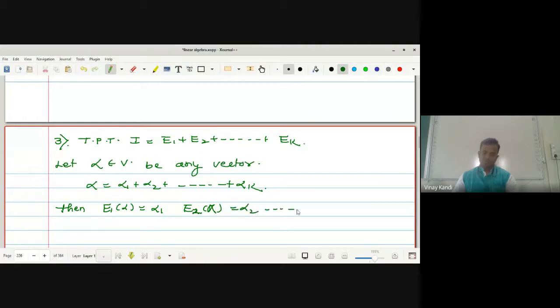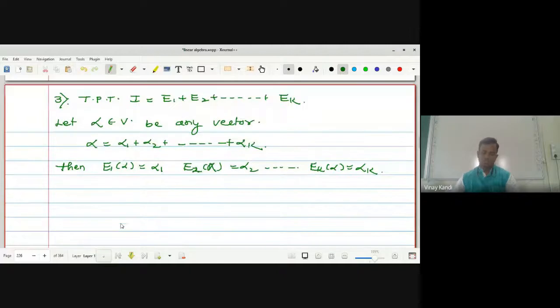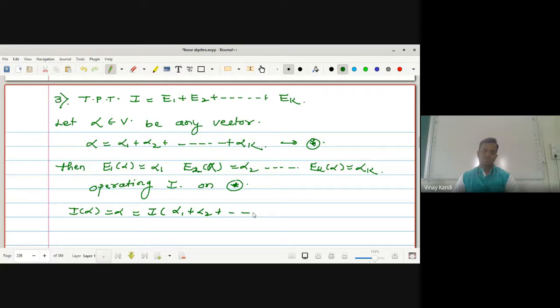Alpha 2, up to so on, EK of alpha is equal to alpha K. Okay, so operating I on both sides of the above equation, this one, operating the identity operator on star, we get I of alpha is equal to alpha is equal to what? I of alpha 1 plus alpha 2 plus up to so on alpha K.